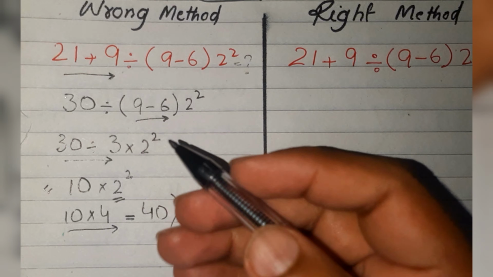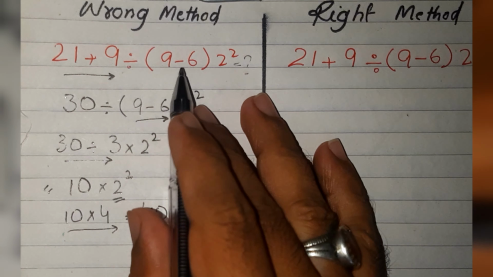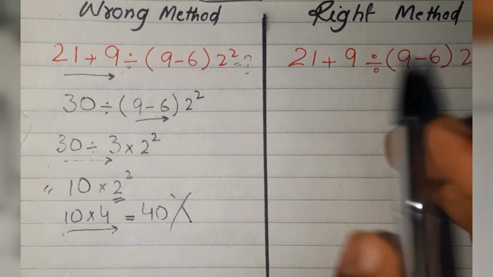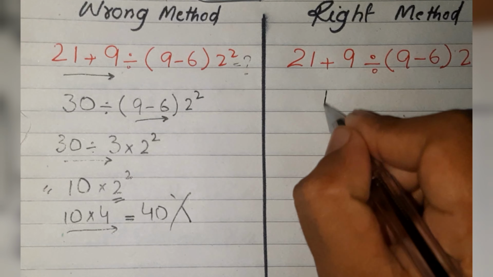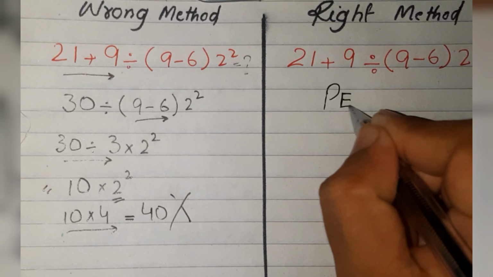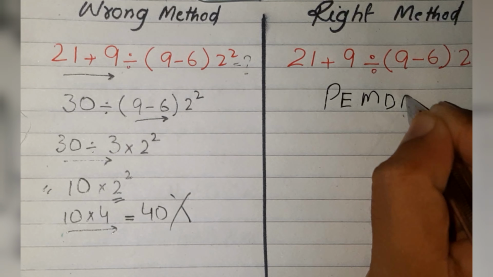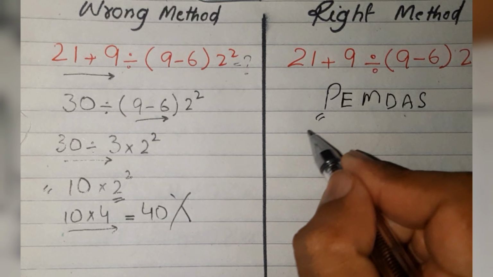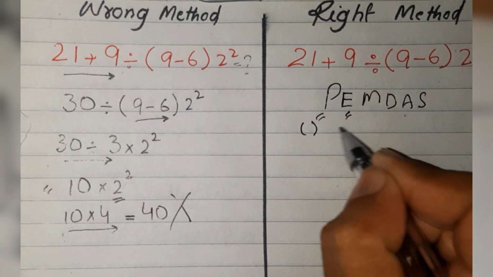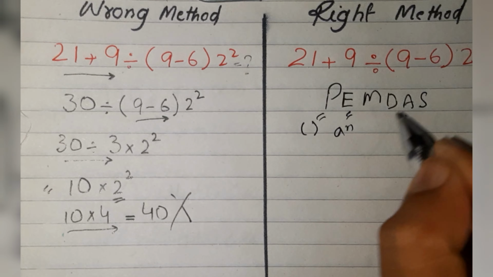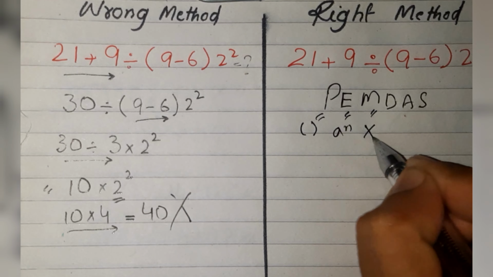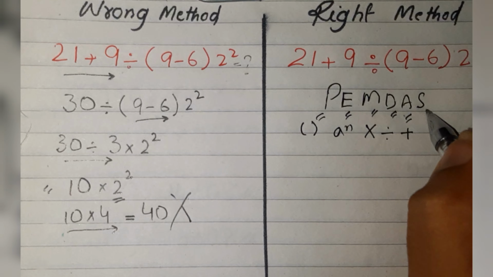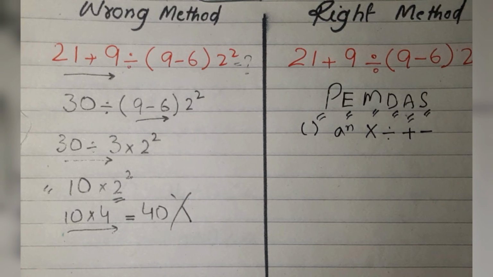Alright, now let me show you how to solve this expression properly. To solve this question we must follow a rule that is called PEMDAS. In the PEMDAS rule, P is parenthesis, E for exponent, M stands for multiplication, D stands for division, A stands for addition, S stands for subtraction.